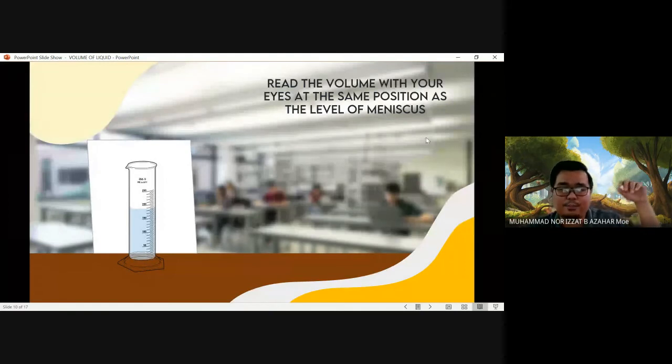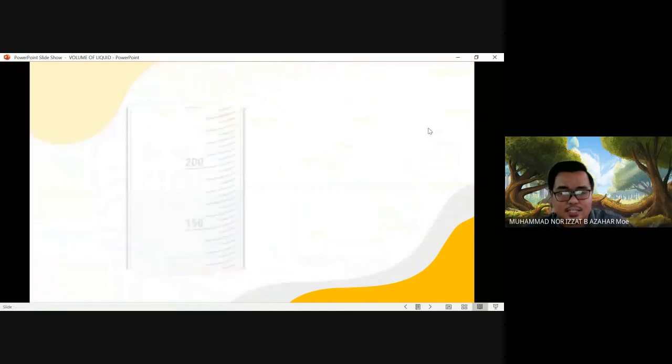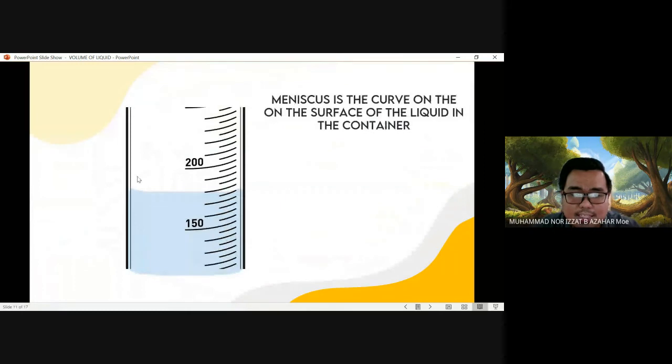If you put some liquid into any container, whether it is a measuring cylinder, beaker or syringe, the level would be like this. This is what we call meniscus. Meniscus is the curve on the surface of the liquid in the container. It is flat here, and here it curves a little. Later you will learn why it curves. This is what we call meniscus.